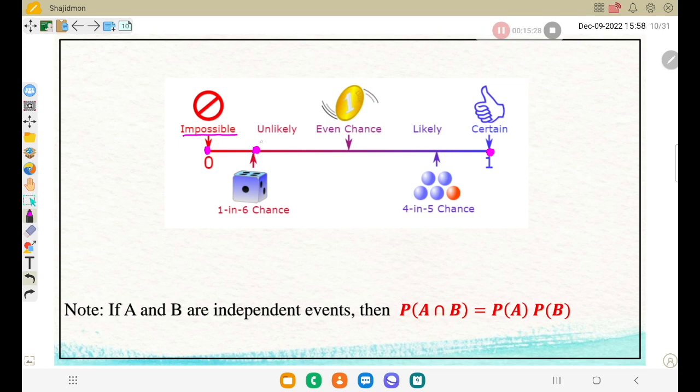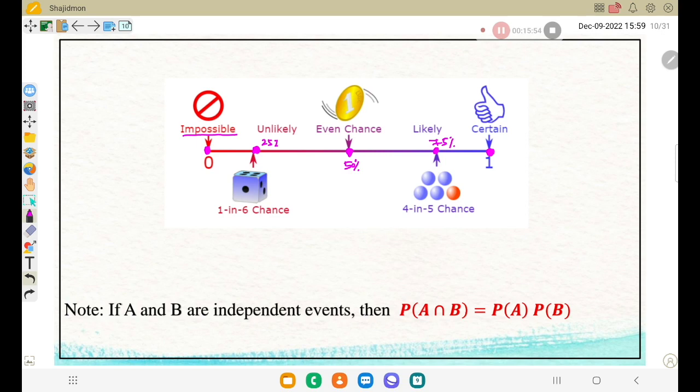So the probability value should be low. An even chance of occurring means a 50-50 chance, so 50% or 0.50. A likely event means it will mostly happen, like 75% or 0.75.